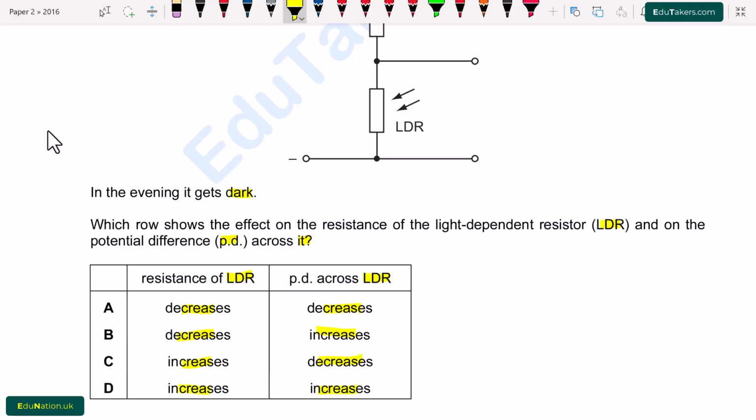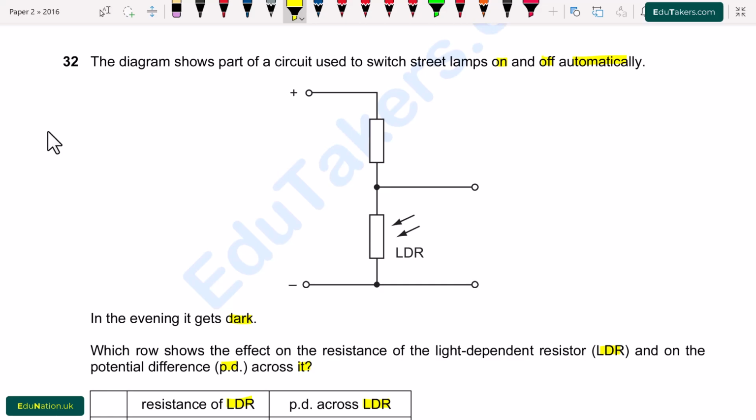So first of all, here we can see that in this circuit, here is the LDR and the other resistor R. When light falls on the light dependent resistor, its resistance decreases. In the darkness, resistance remains high. I write here, in darkness, resistance is high.